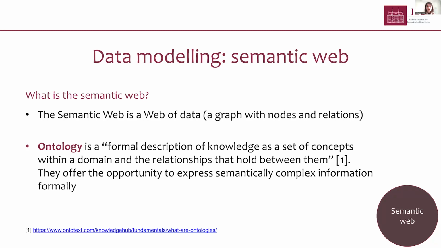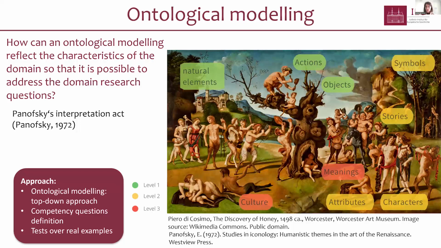But how to do this for a specific domain of knowledge? During the ontological modeling, the approach that I adopted is a top-down approach. So I studied the discipline itself, all the theories that were available from art historians trying to express how their approach was working.